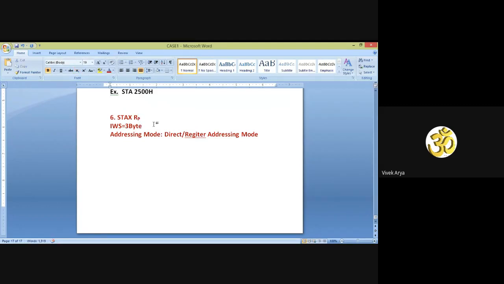What is the instruction word size for this instruction, STAX RP? One byte. Right, this is the perfect answer. And the addressing mode for this instruction is register indirect addressing, exactly because indirect addressing is possible. Register indirect addressing mode. Okay.